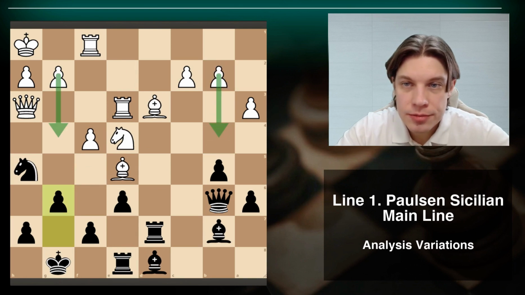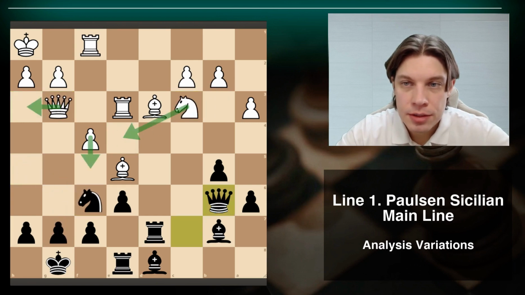So that was a b4 move, g4 was covered. And let's now talk about f5 instead of knight e4.